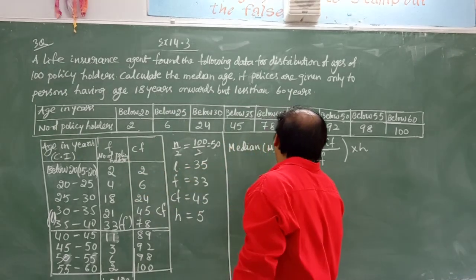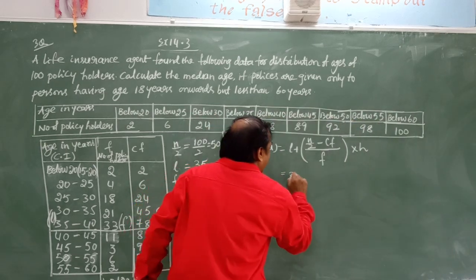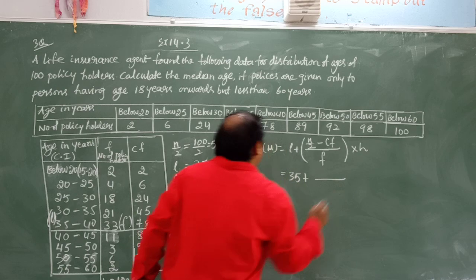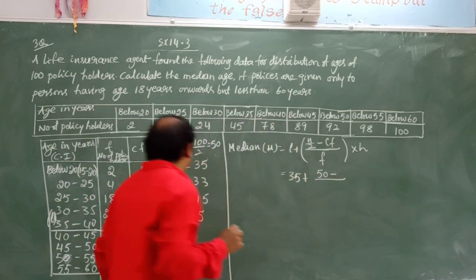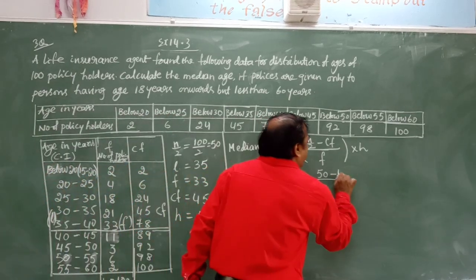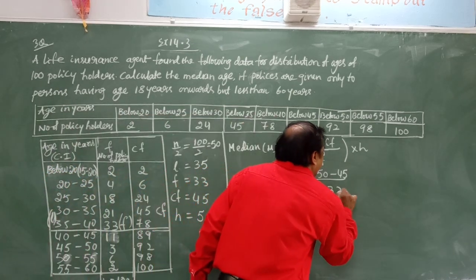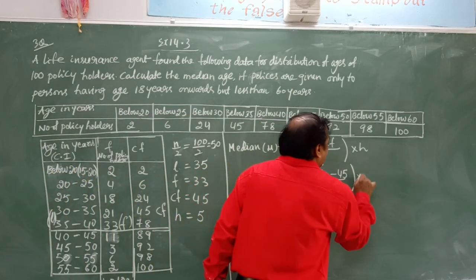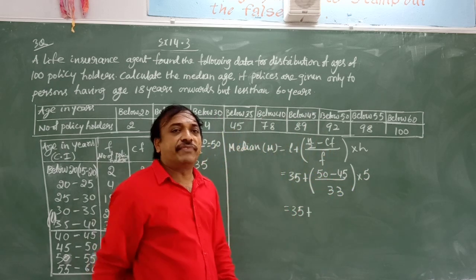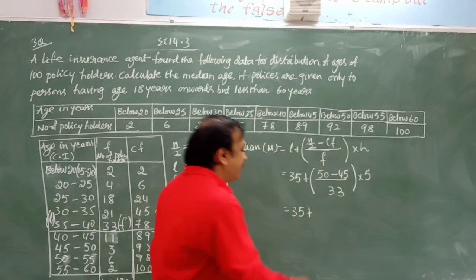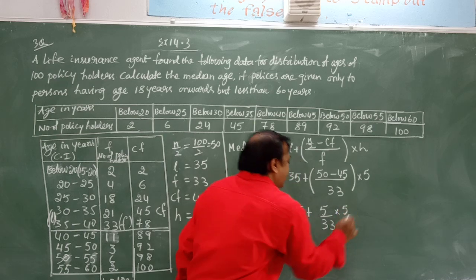Now we are substituting in the formula. Median M is equal to L value 35 plus n by 2 value 50 minus CF, cumulative frequency 45, by F value 33, into H, the class size 5. So 35 plus 50 minus 45 is 5, by 33 into 5.